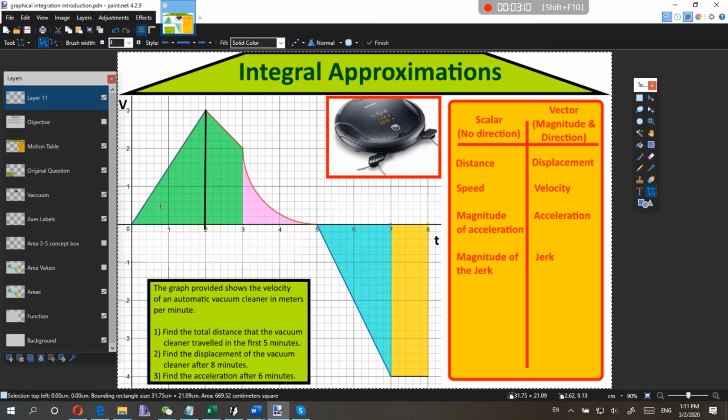So what's the area of this triangle on the left?